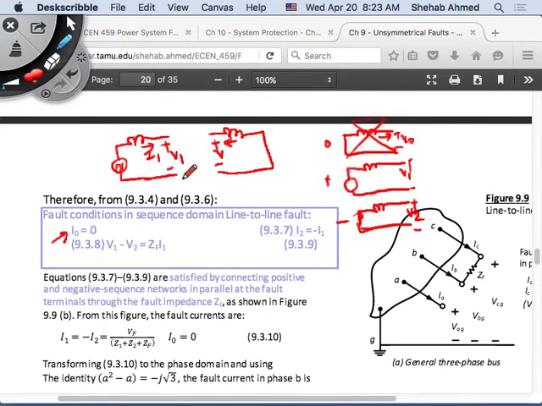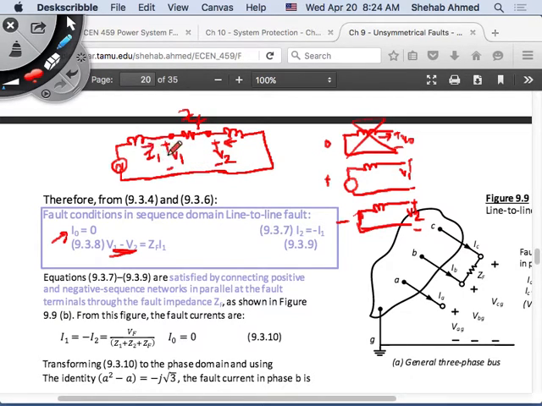So if this is V1 and V2, they're telling me that V1 minus V2 is placed across the fault impedance. So if I place the fault impedance here, ZF, then does it have V1 minus V2 across it or not? It does. It has V1 minus V2 across it.